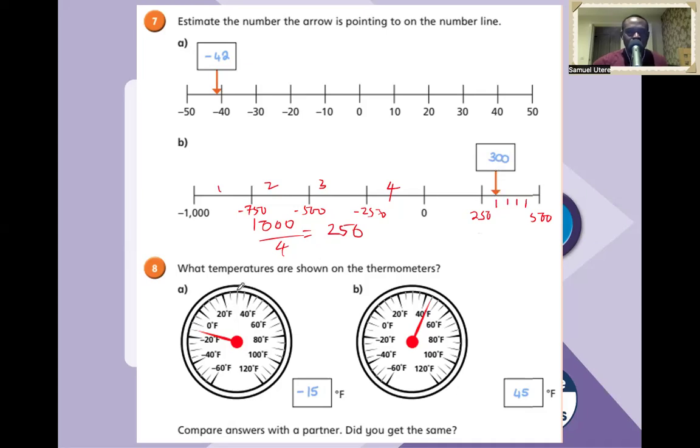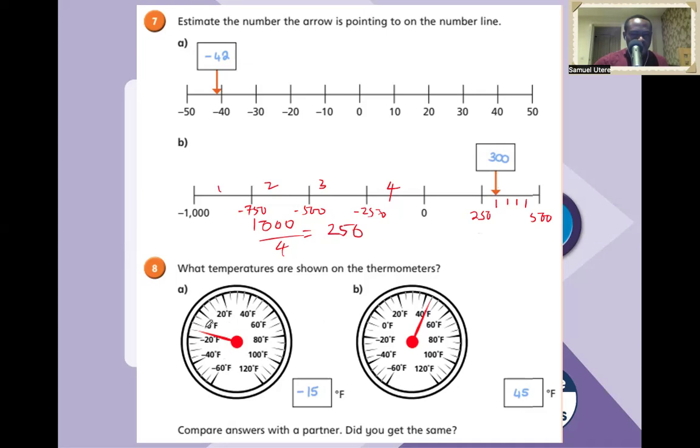Then here, what temperatures are shown on the thermometers? This is testing your ability to read scale properly. So you can see that is negative 20. That is 0. Between 0 and negative 20, we have how many intervals? We have 1, 2.